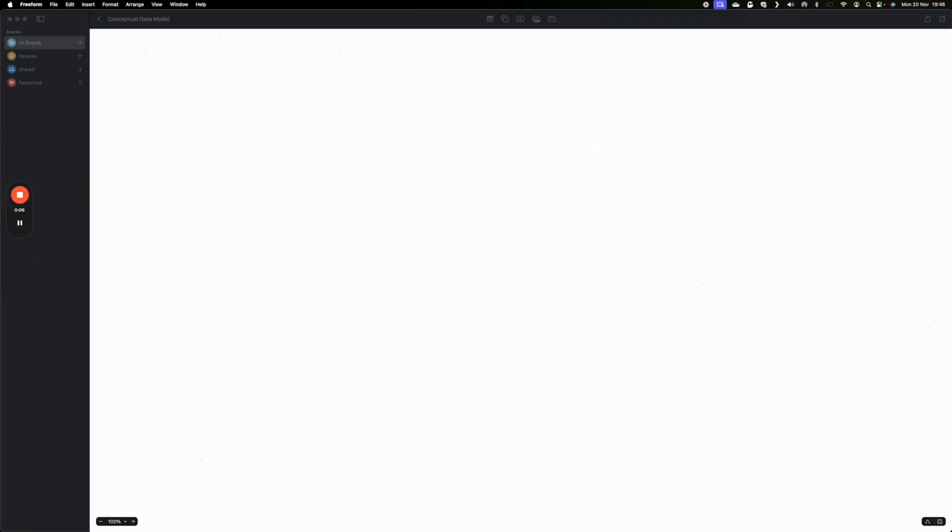So we spoke briefly about the theory of data models and data model components, and we spoke about essentially what a conceptual data model is. So in this example, we're going to take the case study that was shared as part of this module about an online retailer similar to Amazon.